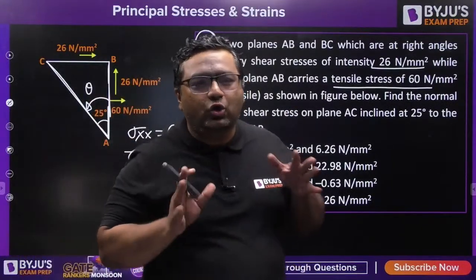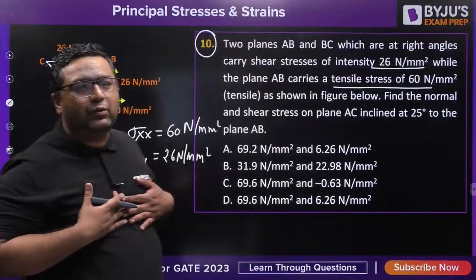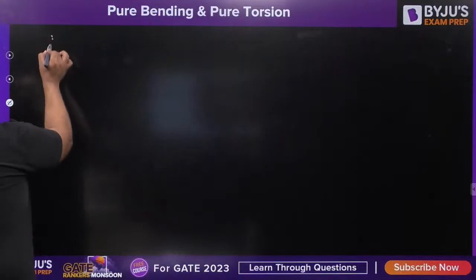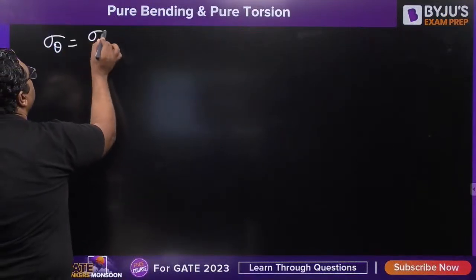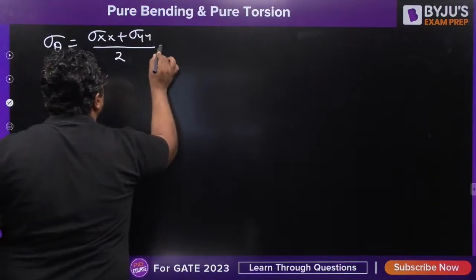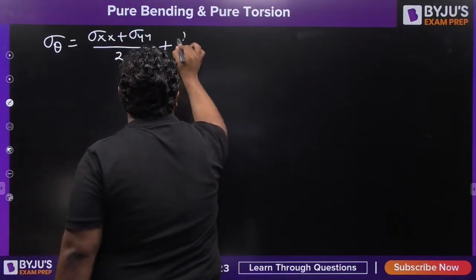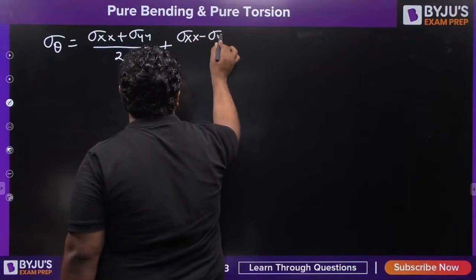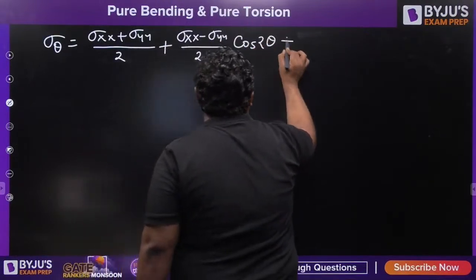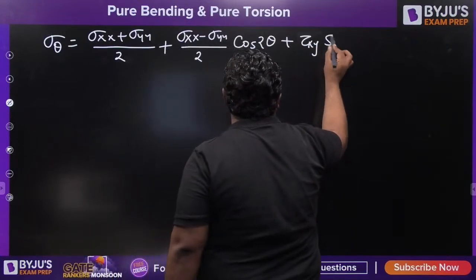Those who don't know the formula, don't worry, I am going to help you guys. The formula used for this is sigma theta equals sigma xx plus sigma yy by 2, plus sigma xx minus sigma yy by 2 cos 2 theta, plus tau xy sin 2 theta.